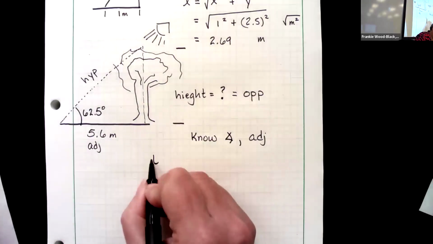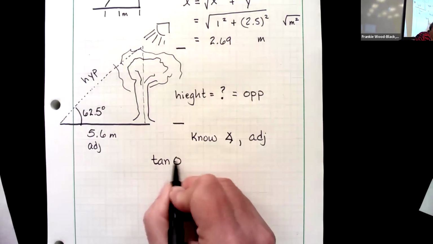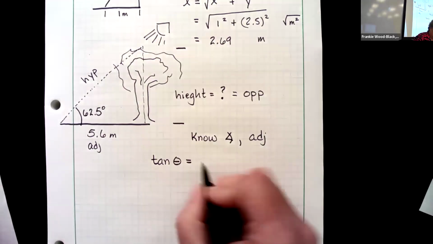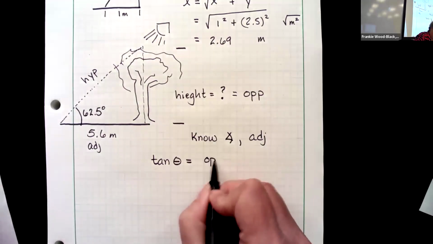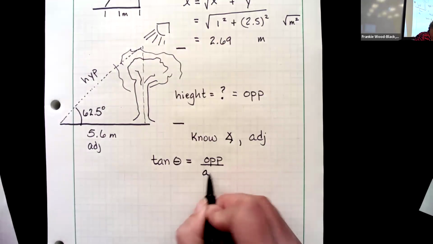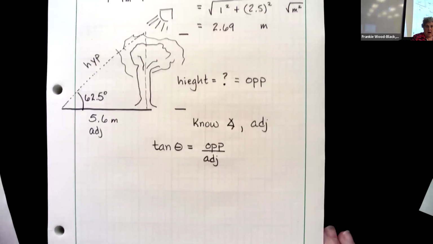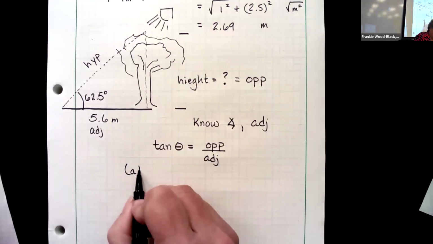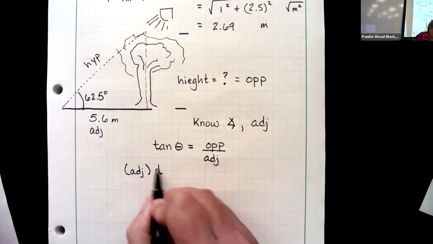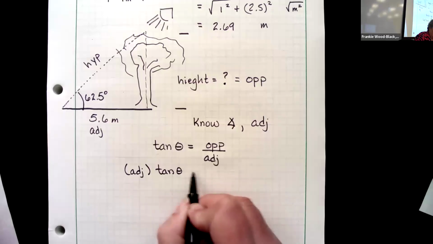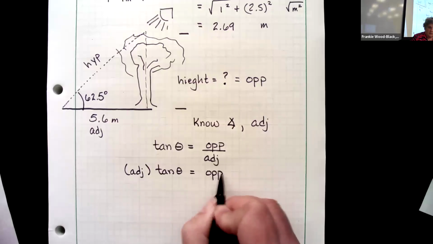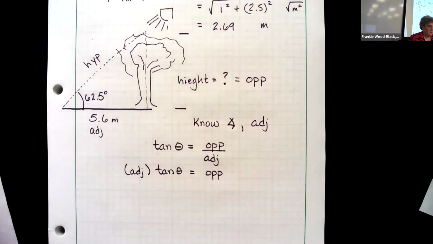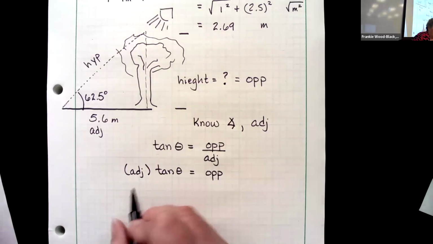So I'm going to start with my tangent. And I'm going to do my opposite over adjacent. I'm going to go ahead and do my algebra first. I'm going to take my adjacent times my tangent is equal to the opposite. Now I'm going to plug in my numbers.